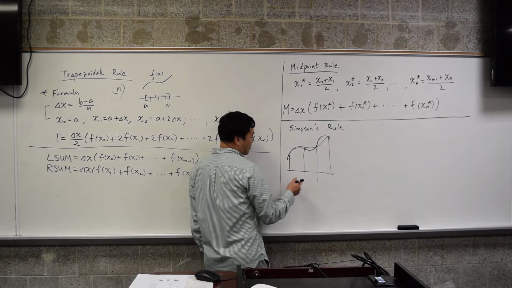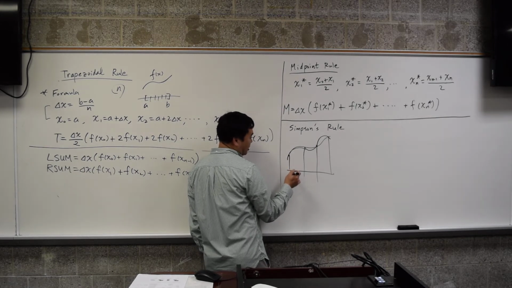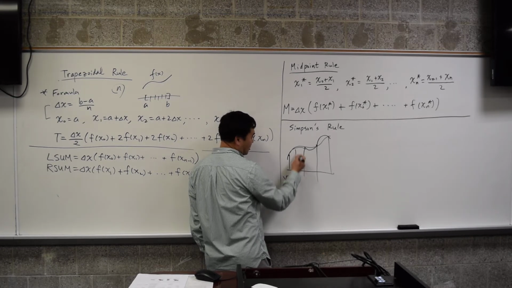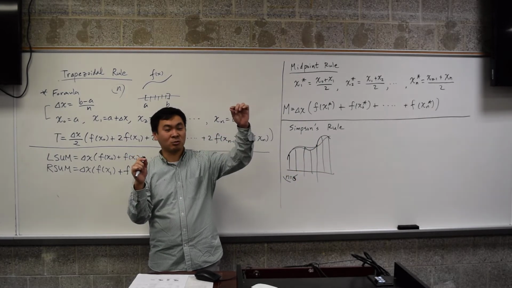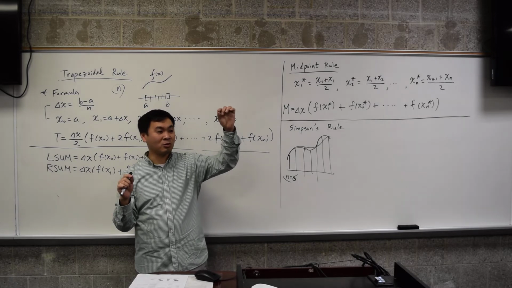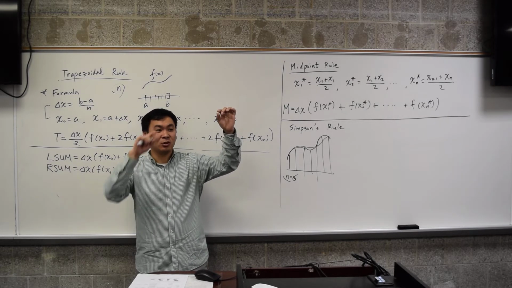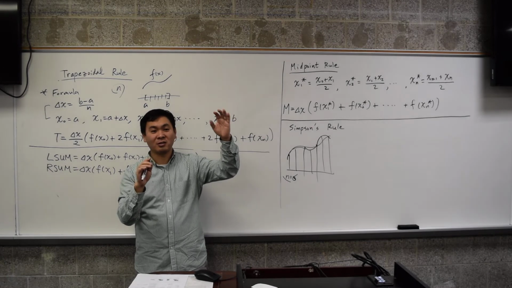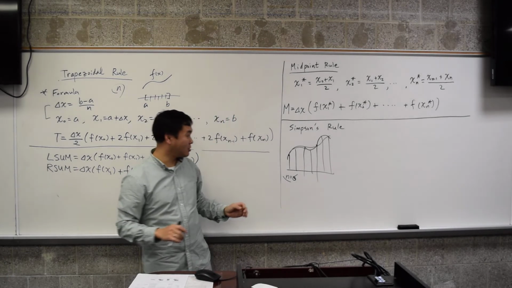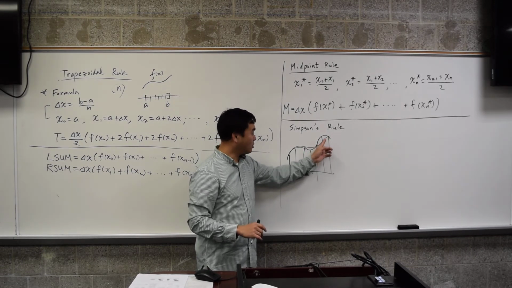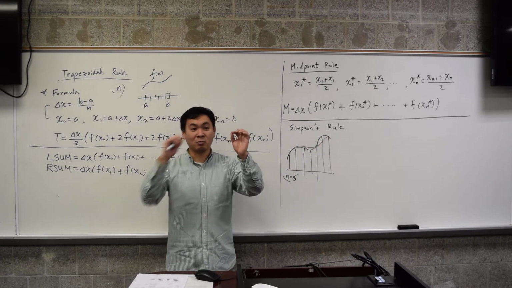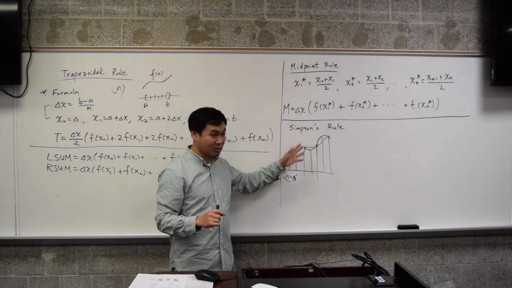Okay, actually, it's even more complicated, because this is not the case for n equals 3. This is actually the case for n equals 2, 4, 6, because to build a parabola, you need 3 points. You need 2 points to draw a line, right? To build a parabola, how many points? You need 3 points. If you have 3 points, that determines a parabola. So it uses the endpoints and the middle point to build a parabola, and then uses that as the approximation.